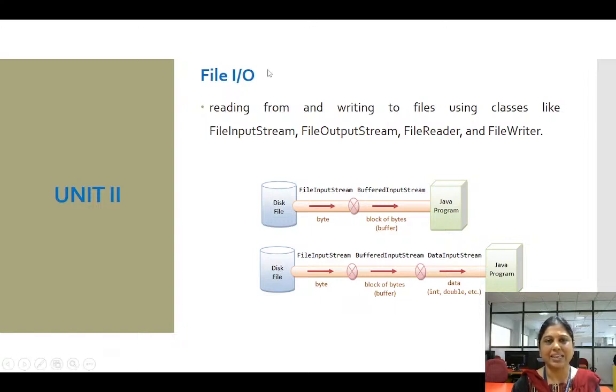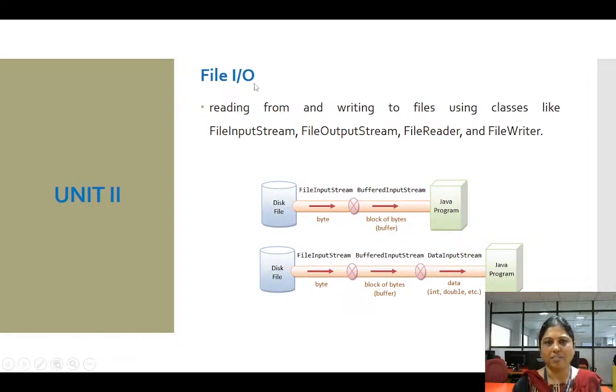And that is the reason there is an entire unit, unit number 2, focusing on the study of the input-output file subsystem that Java supports. In this topic, students will be exposed to how to perform input and output operations, that is reading and writing from and to files using the various built-in classes and interfaces that are supported in Java.